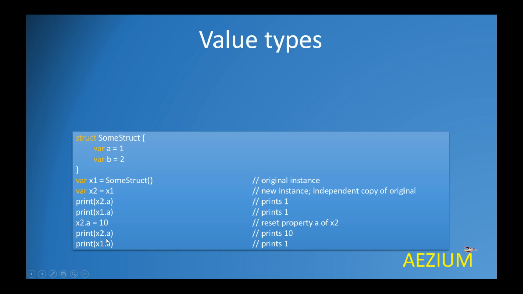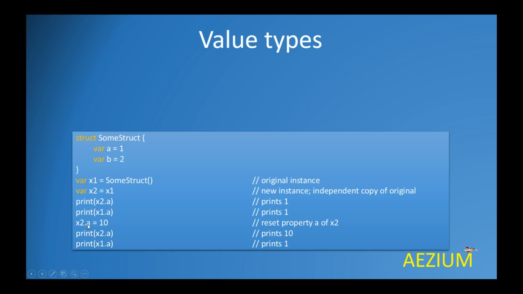If you print property a of x2 after changing it, it prints 10, which is the new value of property a of x2. But when we print the property a of x1, we can see it's still at the same value as before, 1.